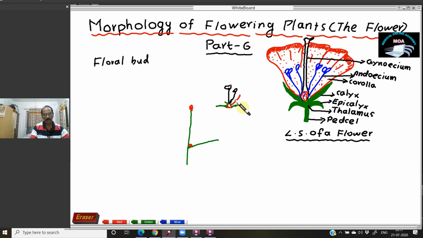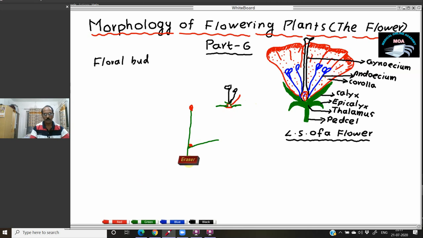Between these modified leaf-like structures, a short condensed part is present, that is the internode. So remember that the flower is a modified, highly condensed shoot system. The internode cannot be differentiated very easily, and from each node it is producing the different floral parts or floral whorls.